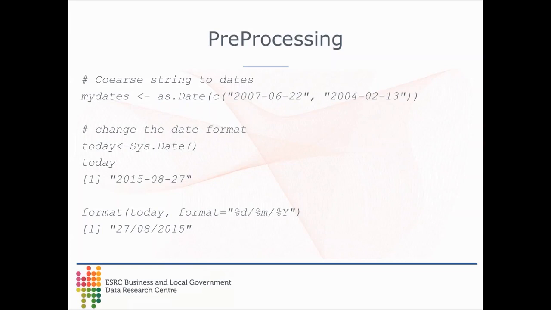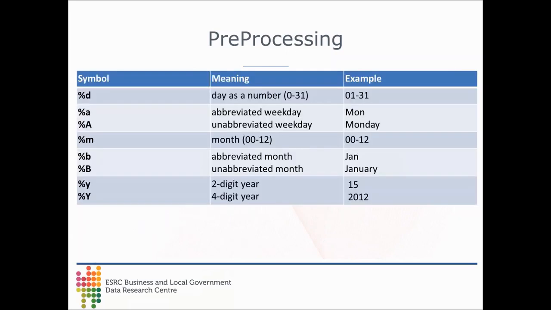So again, how do I format dates into something more associated with the European date timestamp? I can do this by using the format function right down the bottom. I'm taking the system date and setting up my format structure into day, month, and year with a backslash as the separator.